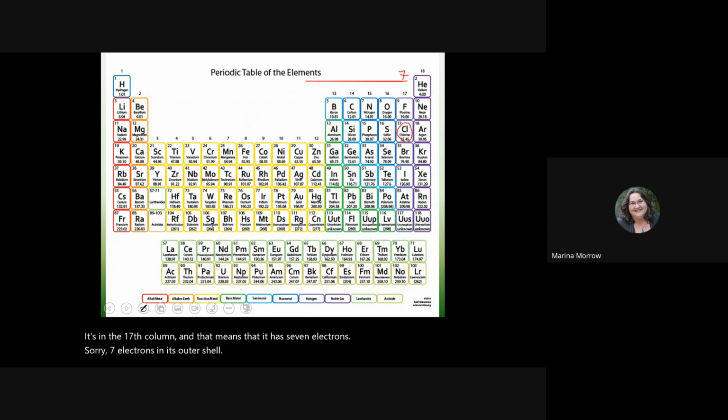Okay, so these numbers here can help you. So the numbers 1, 2, and then 3, 4, 5, 6, and 7, and 8. Those are the number of electrons in the outer shell. And the idea is that the atoms want to fill in their outer shell.